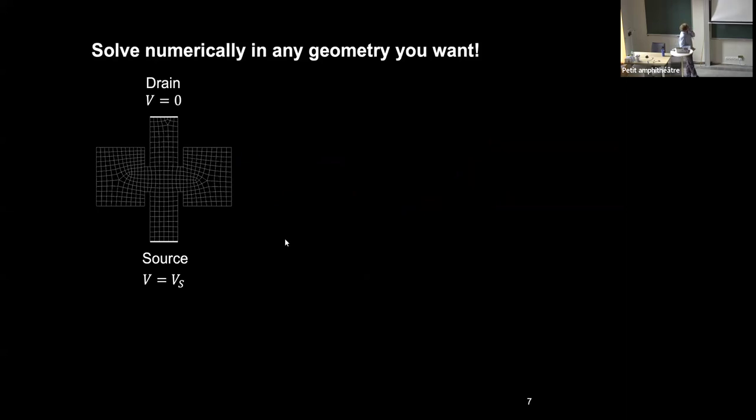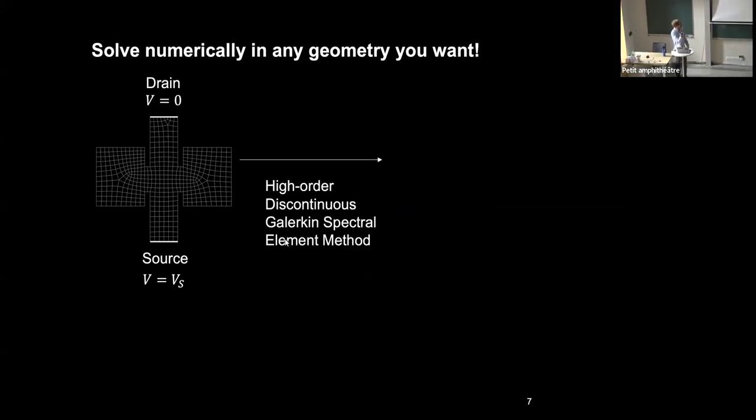So here's the geometry from one of the experiments that Andy mentioned in the previous talk. There was a source and a drain. And then there are algorithms you can use to find simplices that cover this domain. So you just need to discretize into some quadrilateral mesh. And then there's a black box that I found implemented in the Julia programming language that goes by the name of high order discontinuous Galerkin spectral element methods.